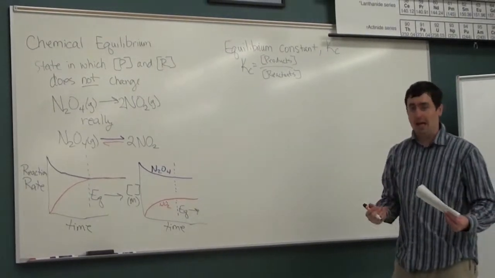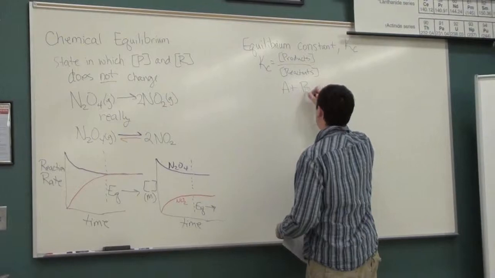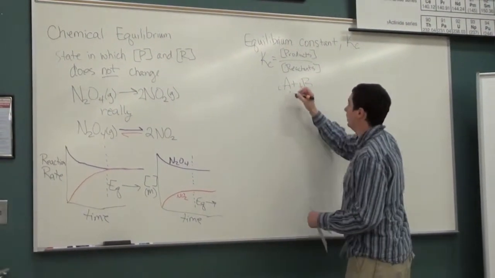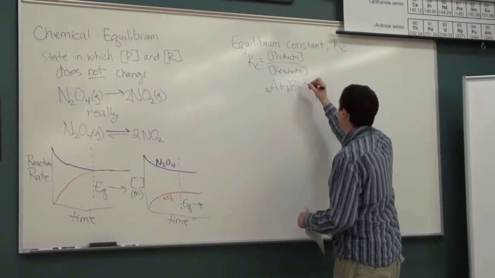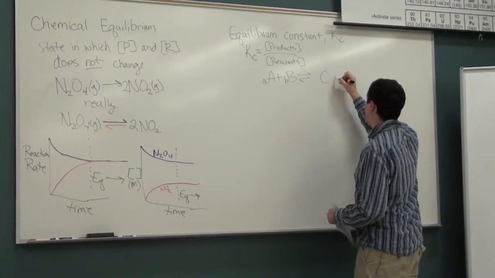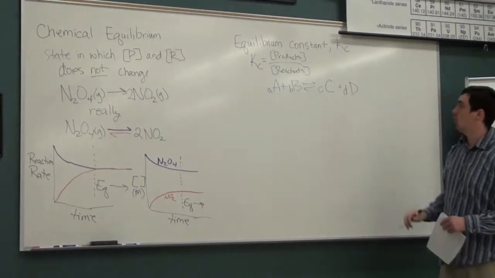For a general reaction, let's say involving two compounds, A and B, with subscripts little a and little b, they go to form two different molecules, C and D, with subscripts for their molar coefficients.